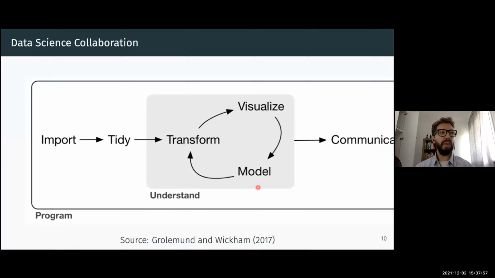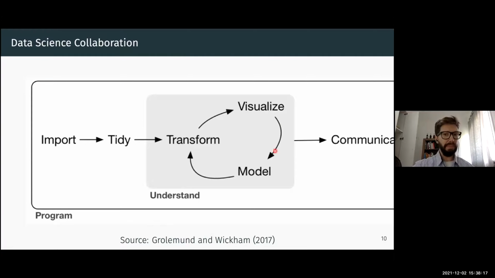This is what we as data scientists can do. But we need to know how to communicate these results to our clients or collaborators.